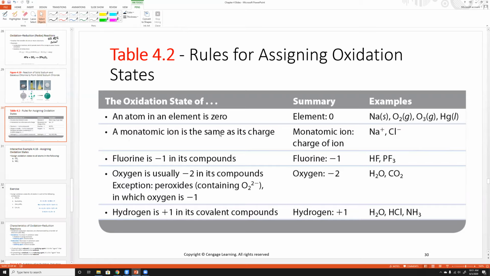Any monatomic ion is the same as its charge. In other words, all of the ions we know follow the same rules. So 1A is +1, 2A is +2, aluminum is +3 and 3A, gallium is +3, the halogens are -1. Fluorine is always -1.